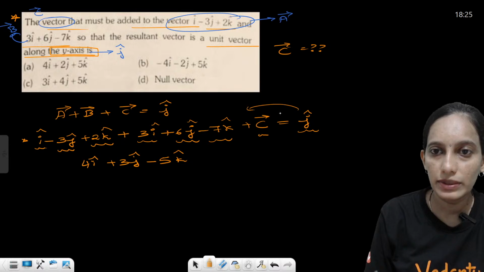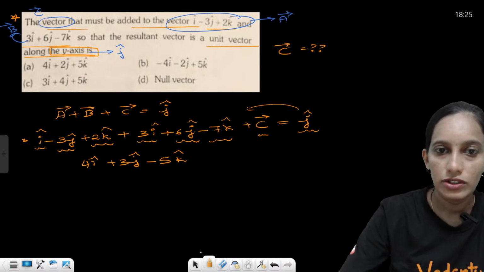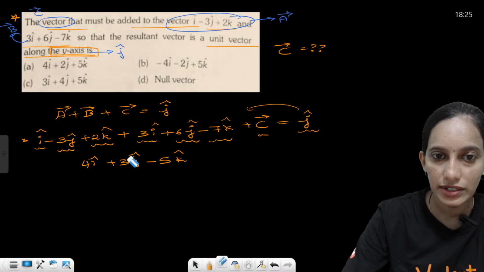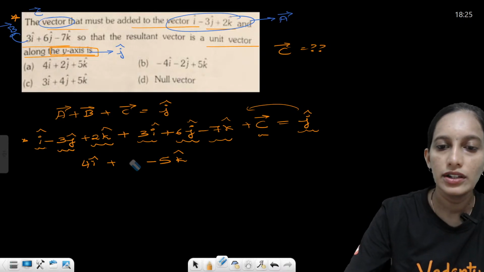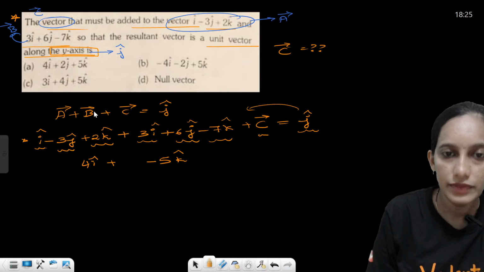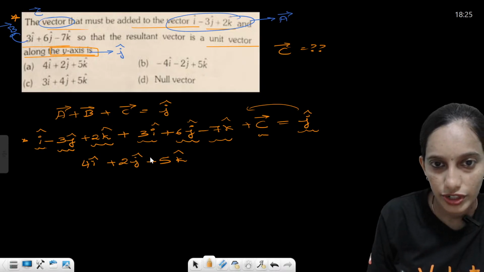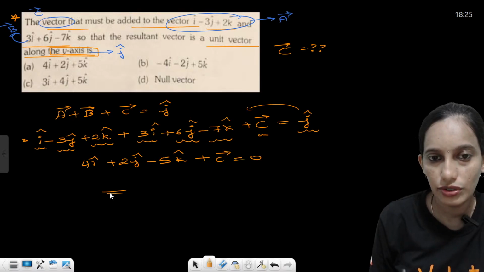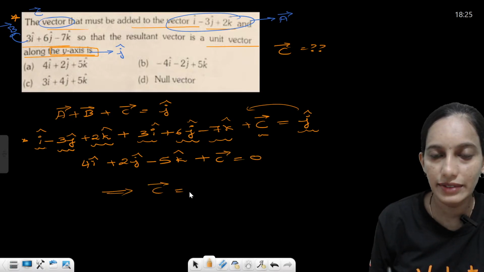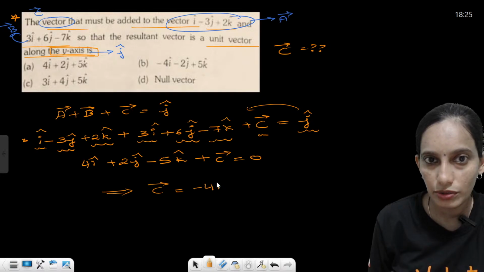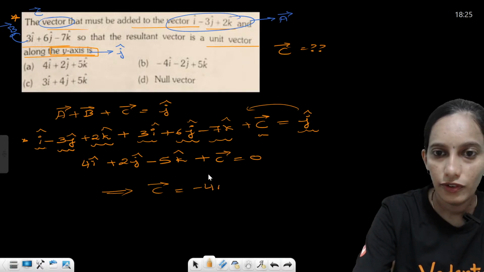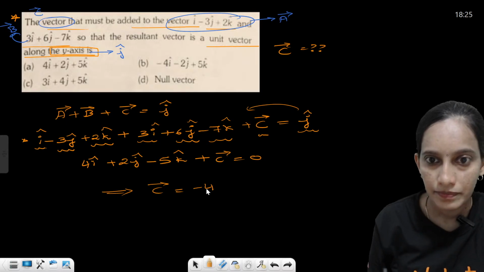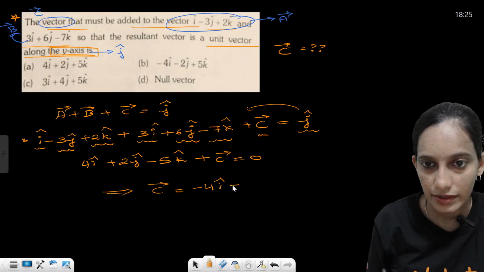If we bring it to this side it becomes minus j cap. So 3j cap minus j cap will give us 2j cap. So 4i cap plus 2j cap minus 5k cap plus c vector equals 0, and we want to find the c vector. So c vector equals minus 4i cap, then minus 2j cap, then plus 5k cap.